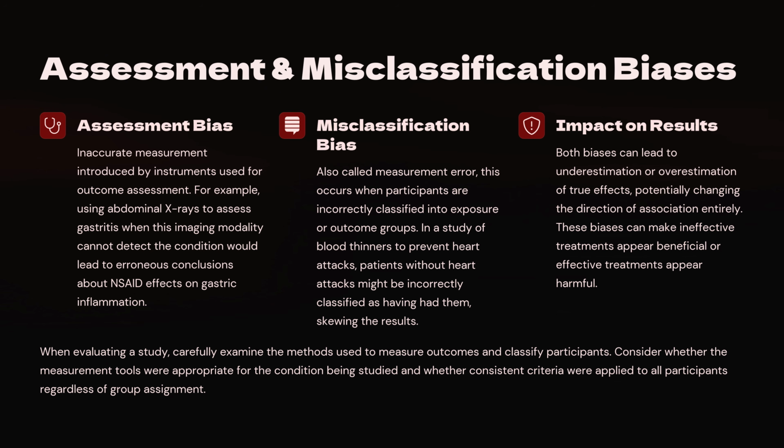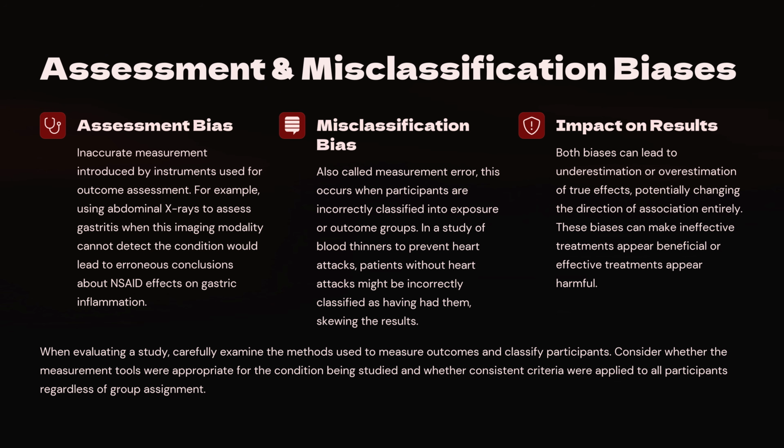Misclassification bias, so this is also called measurement error. And so this is what occurs when participants are incorrectly classified into an exposure or outcome group. So for example, in a study of blood thinners to prevent heart attacks, patients without heart attack might be incorrectly classified as having had them, skewing the results. So again, misclassification is in the word. You're putting patients in groups they shouldn't be in.